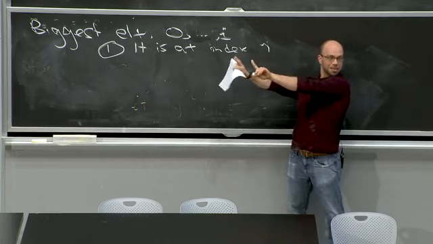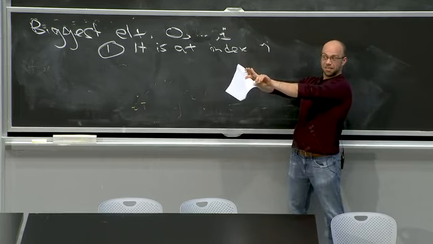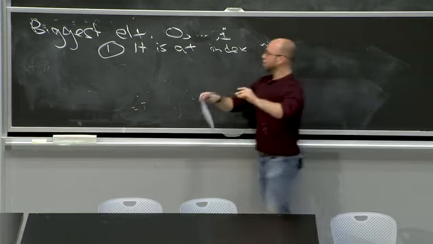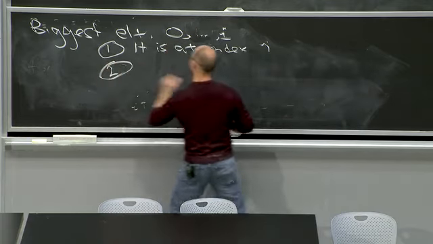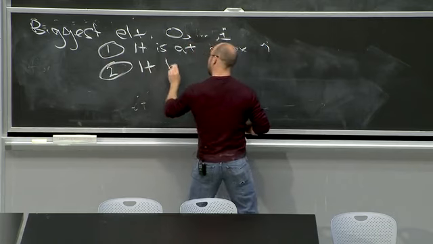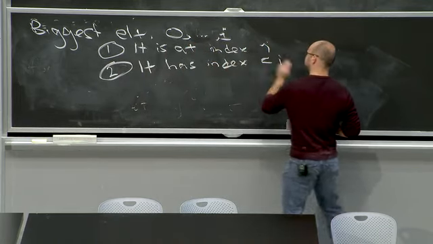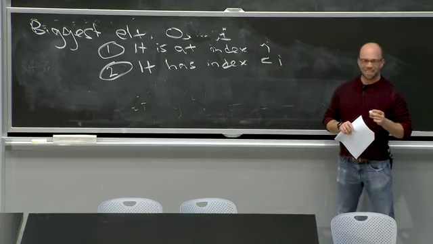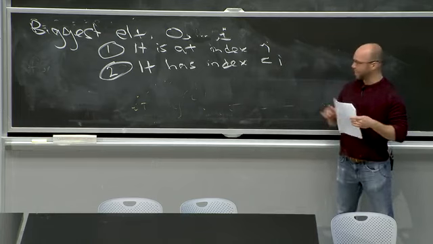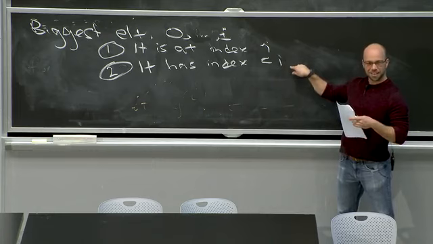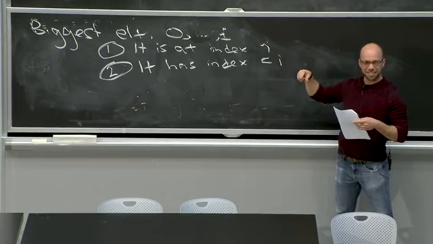Either it is element number 10, or what's the other case? It ain't. In other words, it has index less than I. This is kind of a tautology, right? Like either the biggest thing is at this index or it's not, in which case it has to be to the left. Does that make sense?